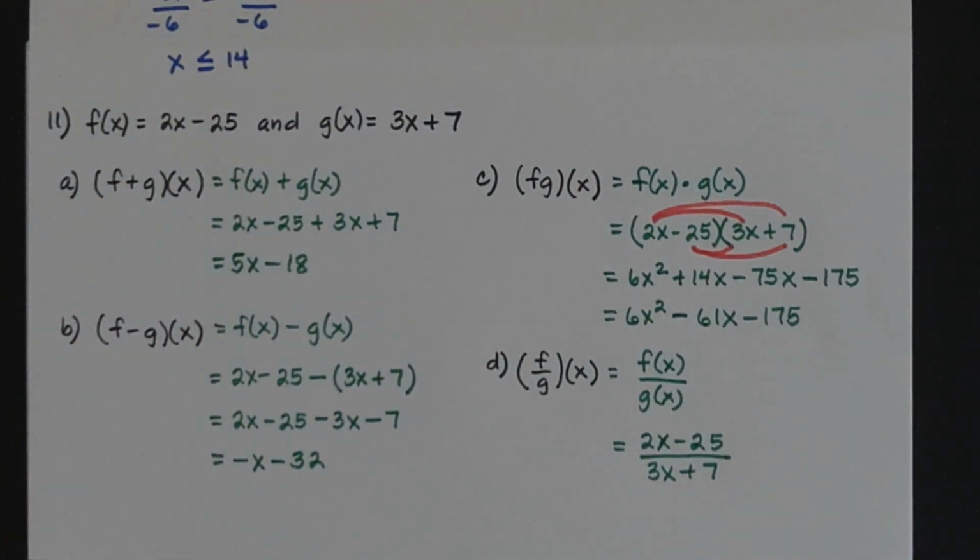And that would be as far as I can go with that problem, because I'm not going to be able to simplify that by factoring any common factors and dividing them out. So it'd just be 2x minus 25 divided by 3x plus 7 for f divided by g of x, or the quotient of the two functions.